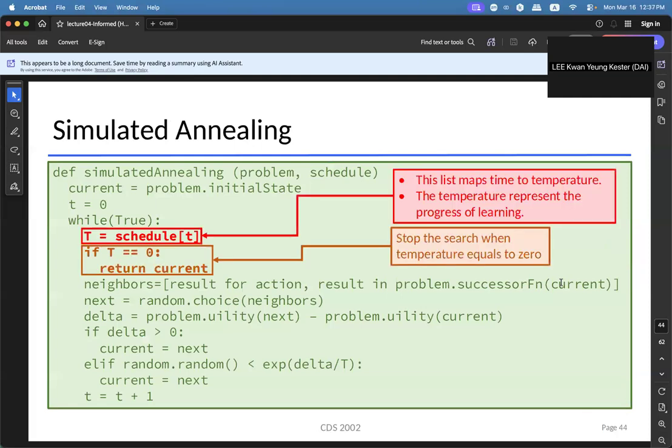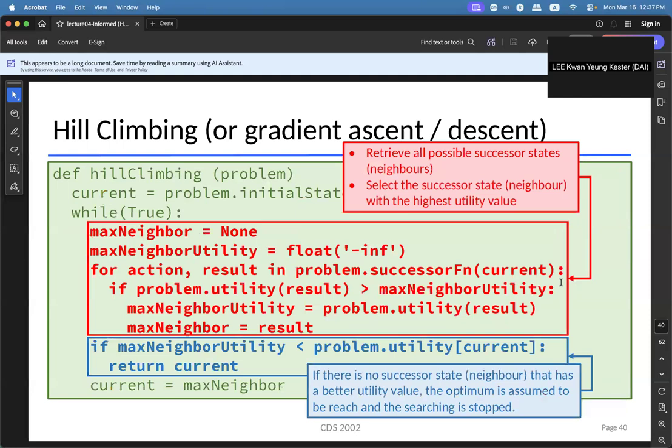In simulated annealing, we essentially make two modifications to the hill climbing algorithm. In the hill climbing algorithm, one important issue is that we use the differences of the objective value of the current state and the neighbor state as the stopping condition.